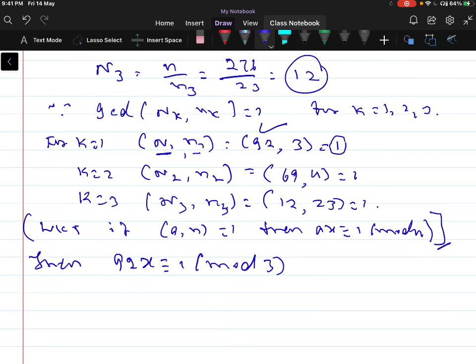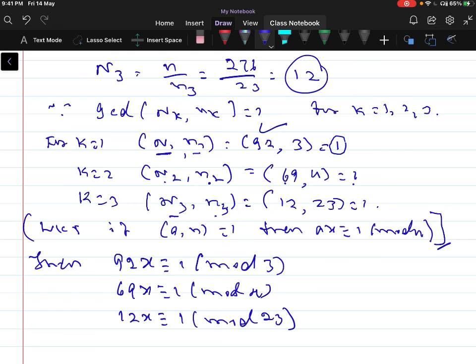And for GCD of N2 comma small n2 is 1 again, where N2 is equal to 69, 69x is congruent to 1 modulo 4. And similarly for N3 comma small n3, where capital N3 is 12, 12x is congruent to 1 modulo 23.